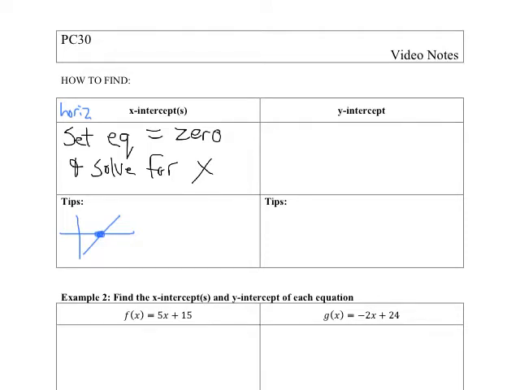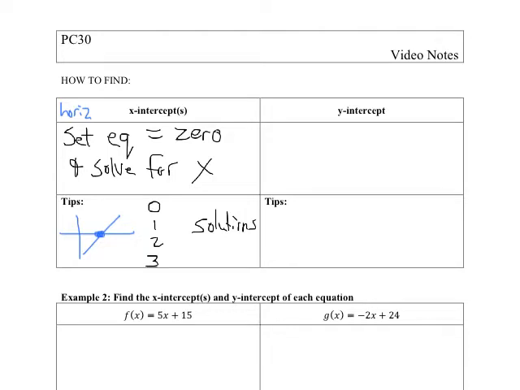Some tips here. For linear equations, there is only one solution, or at most one solution. In general, you could say that there is any number of solutions, 0, 1, 2, 3 solutions possible.